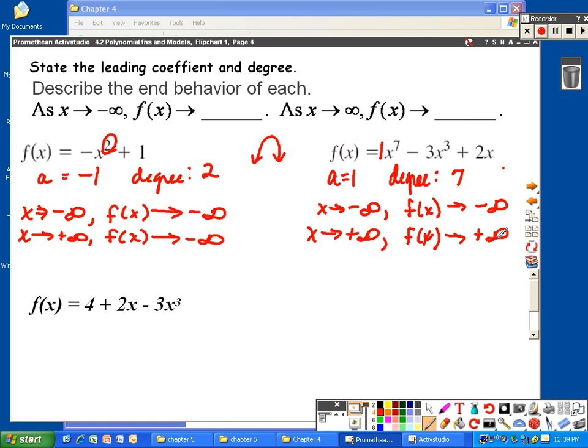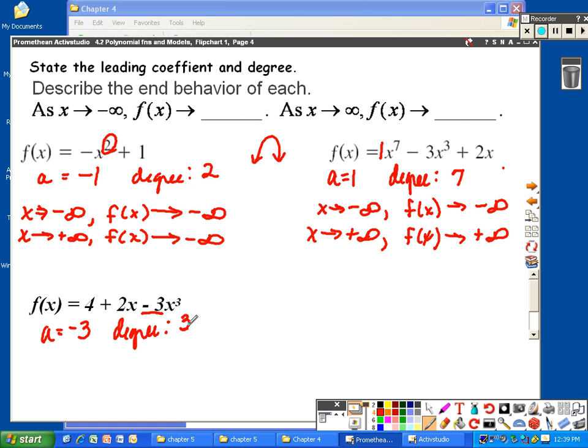And our last function, f of x equals 4 plus 2x minus 3x cubed. First of all, A is, careful, -3, and the degree is 3. The highest exponent gives you the degree, and the leading coefficient goes with that exponent.